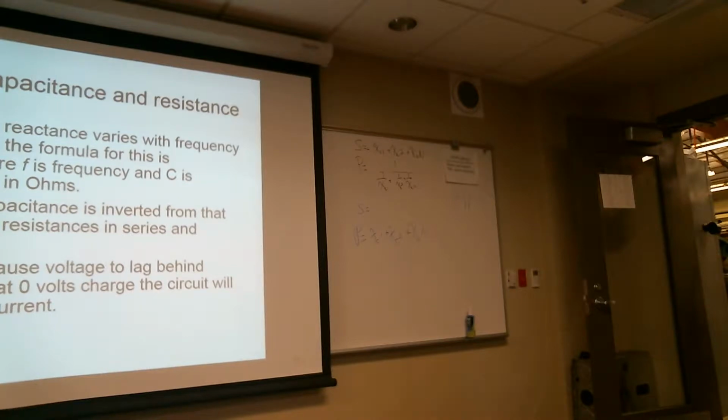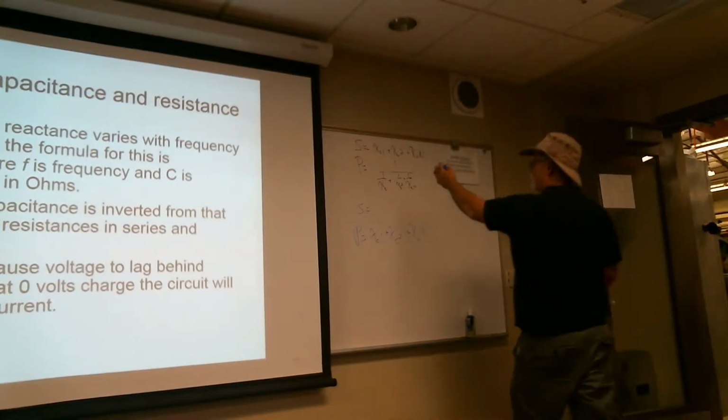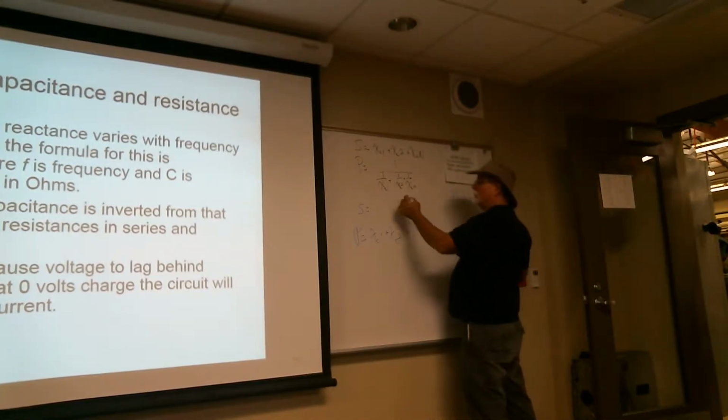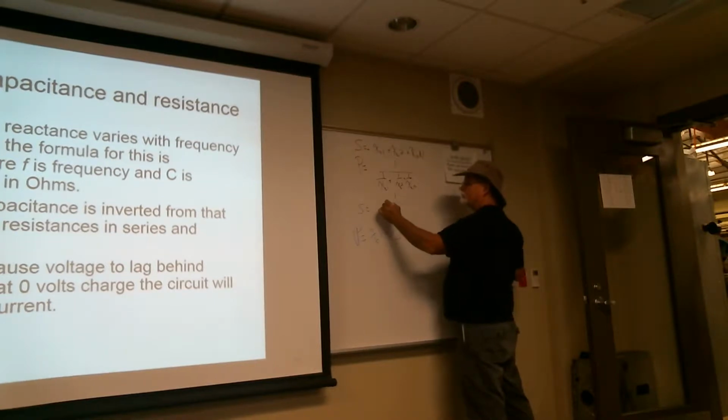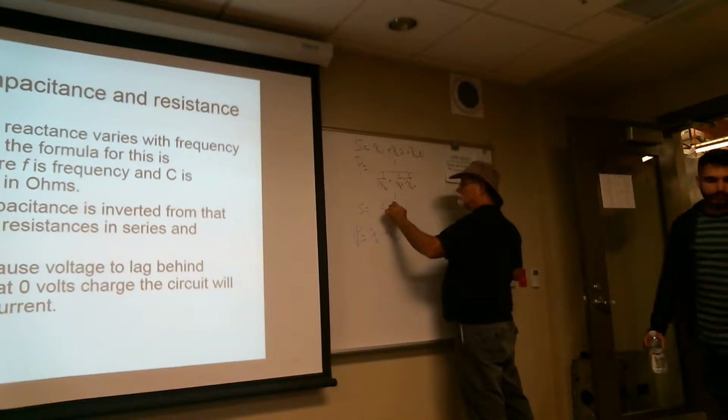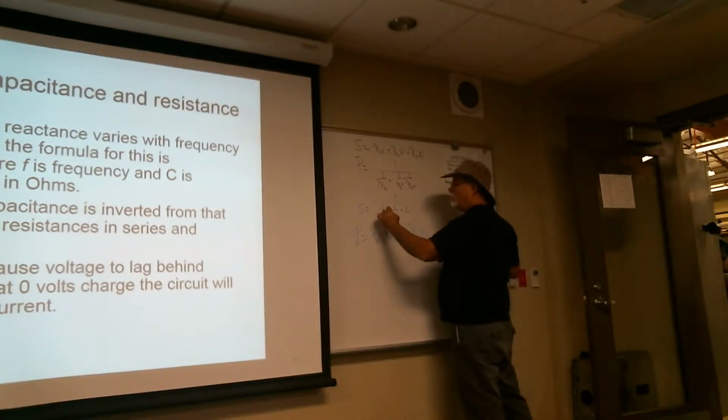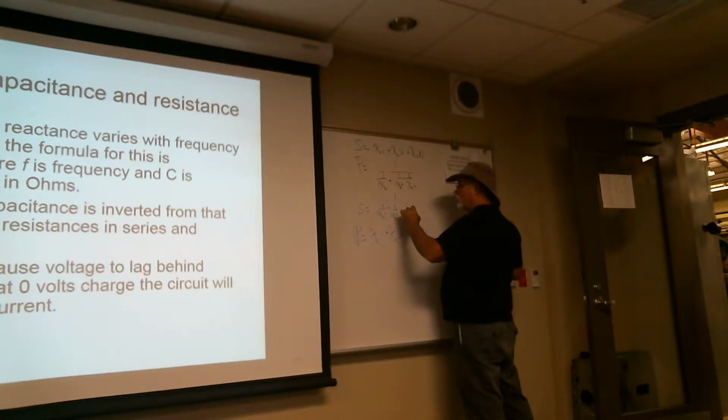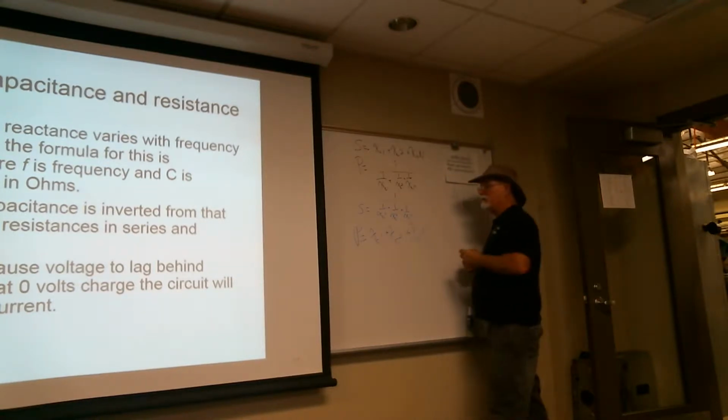So I'm going to have to use the 1 over formula in series: X sub C1, X sub C2, X sub Cn.